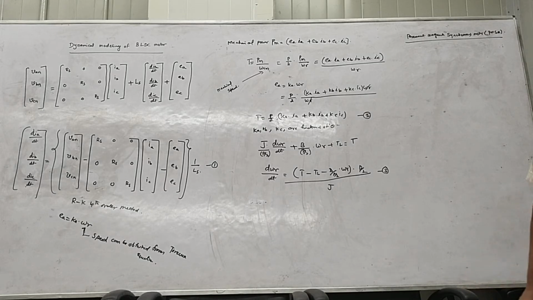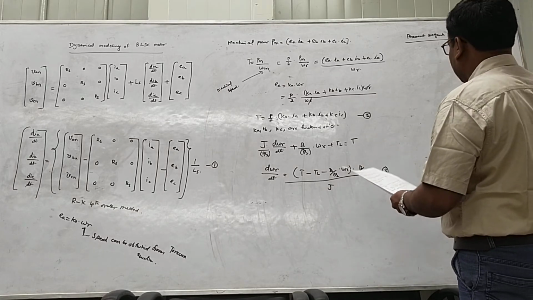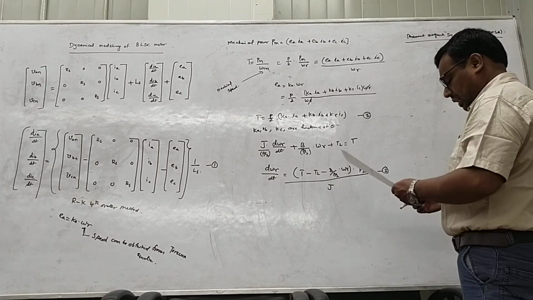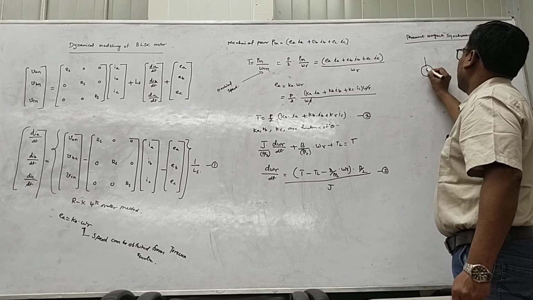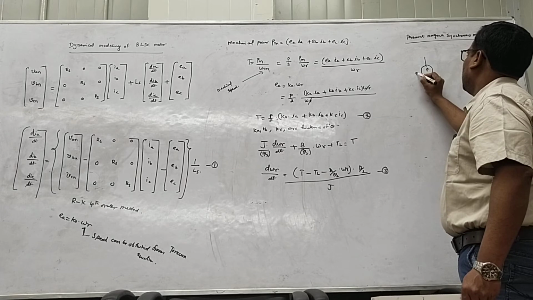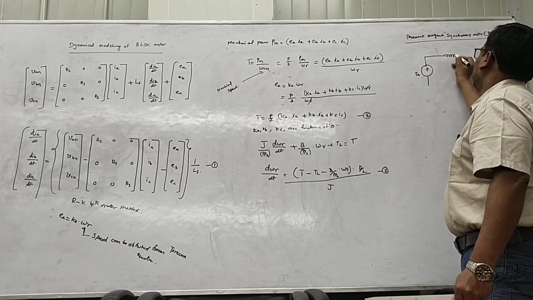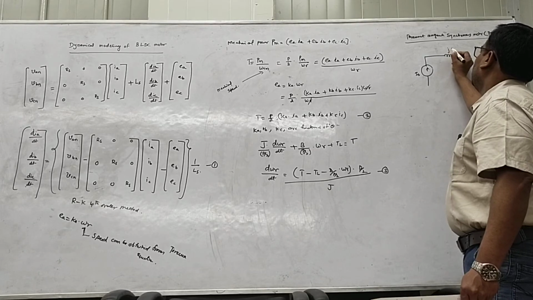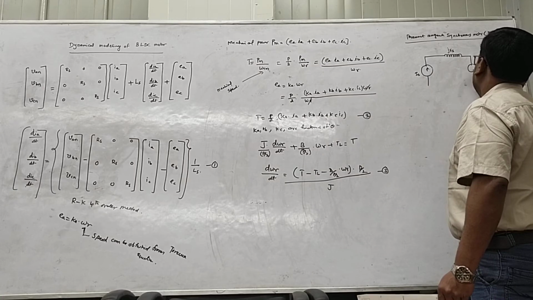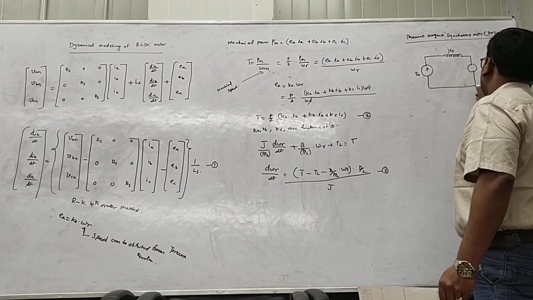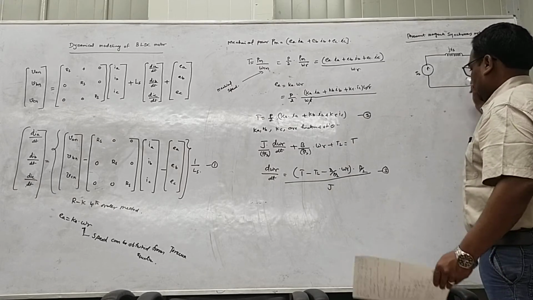If you give the sinusoidal excitation, it will become like the steady state analysis. We are doing the steady state analysis. So normally it will be like this. Okay, this is your source current Is, the synchronous reactance is j Xs, and the field excitation Ef.